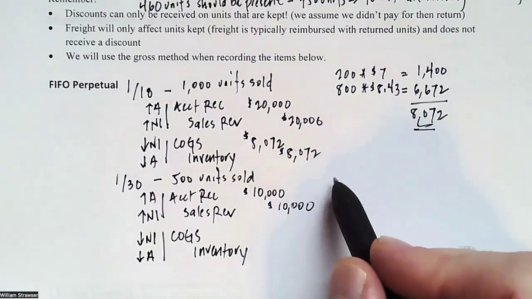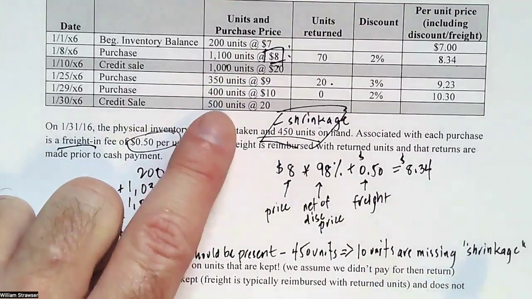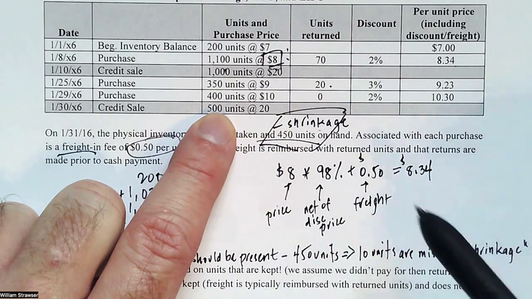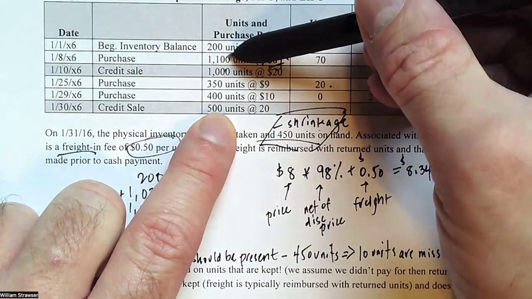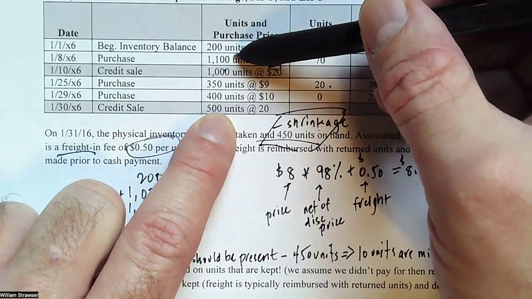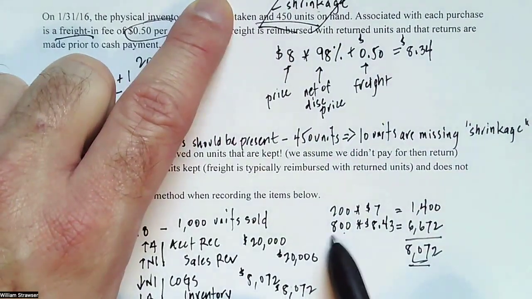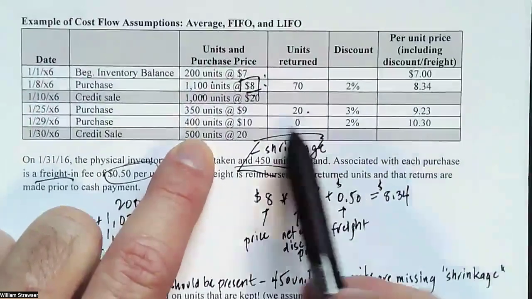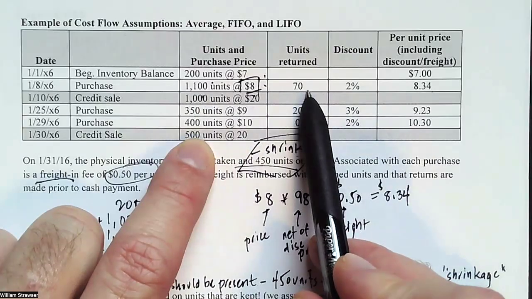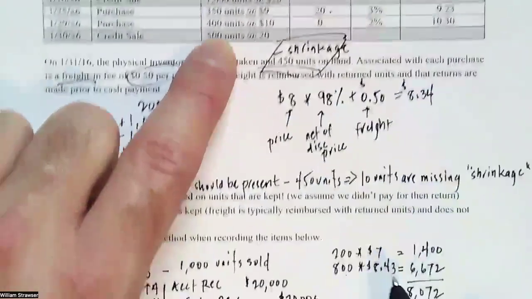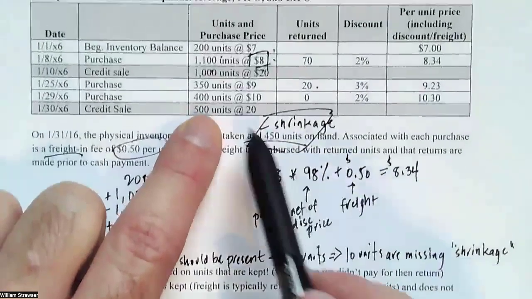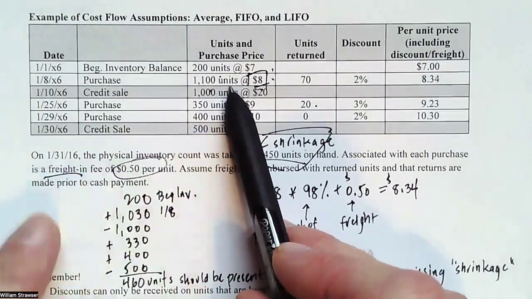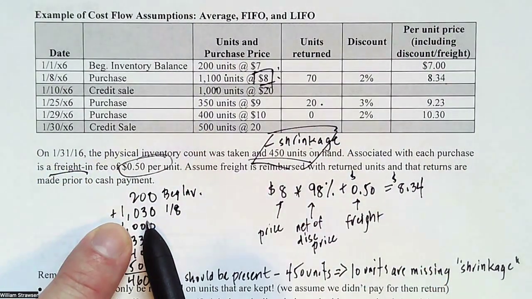So now the 500 units sold, remember I'm using first in, first out. So I still go all the way back to the top, except I don't have 1,100 here anymore. I already said I sold 800 of those. And I don't even have 1,100 because I returned 70. It wasn't an issue here with the 800 because I didn't bump into that issue, but I really only have 1,030 units after I consider returns.